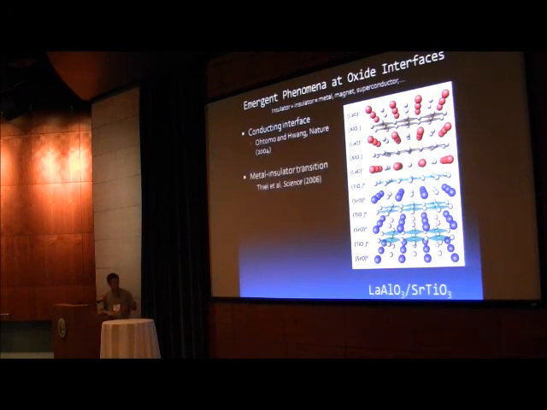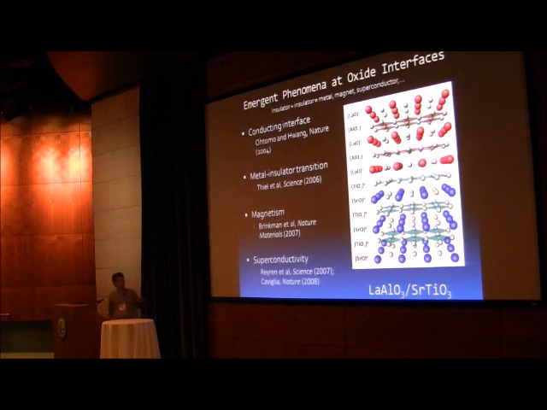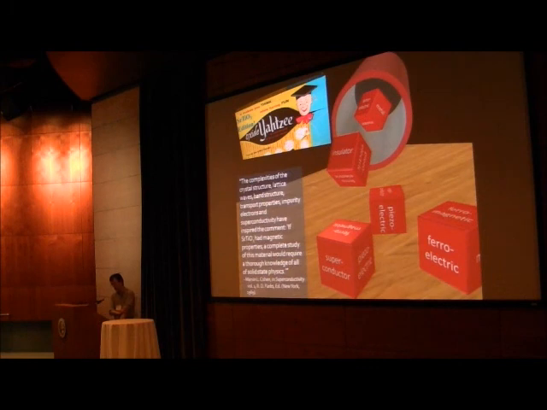And then later on, it was discovered that there's a very sharp transition between the insulating and conducting phase that depends on how many atomic layers you have of this lanthanum aluminate. Magnetic properties have been detected, and superconductivity has been observed in the strontium titanate layer. So this is a very interesting system.